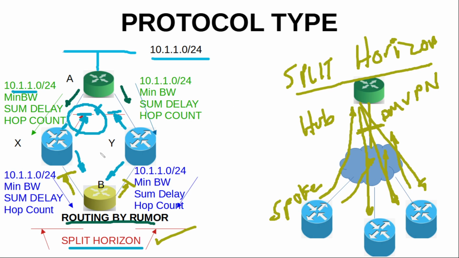Now, continuing with our example, what are these routers actually going to perform when receiving these updates? So, for instance, when blue router X receives this update from the green router A, it's going to do mainly two calculations.